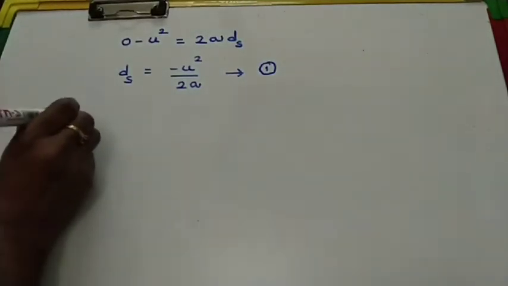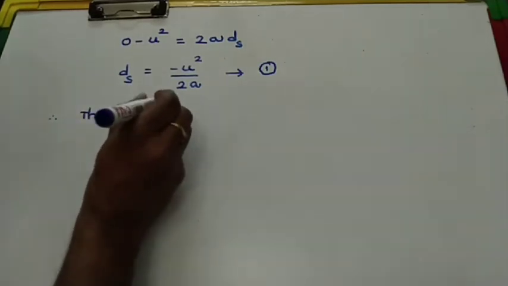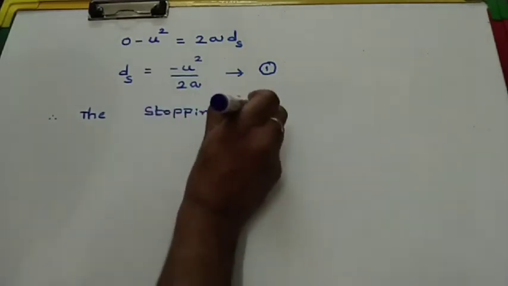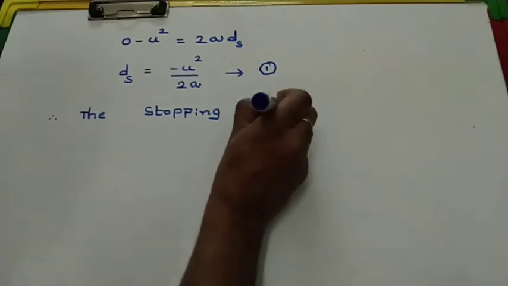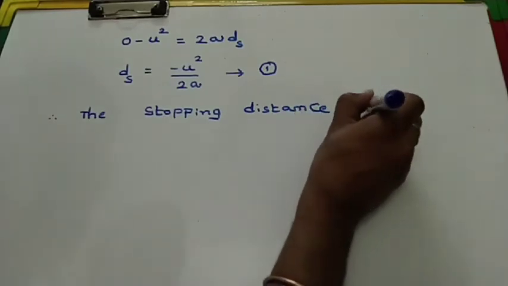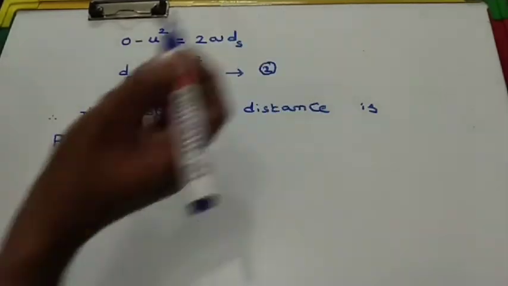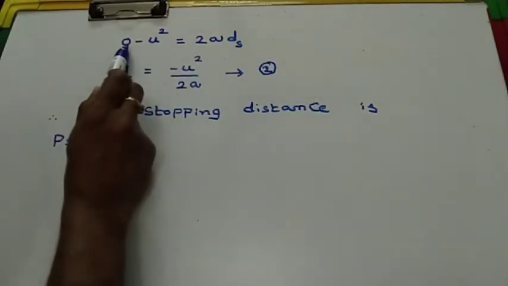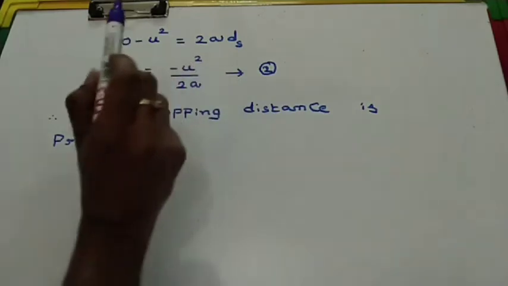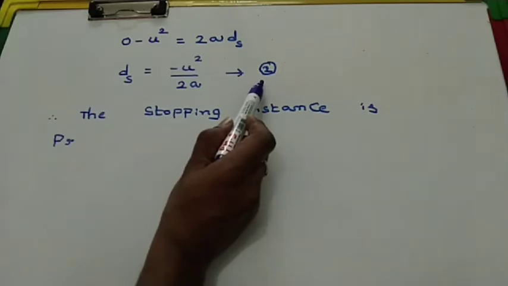Now, therefore, the stopping distance is proportional to... this is equation number 2: final velocity square minus initial velocity square is equal to 2a into stopping distance. Therefore, ds is equal to minus u square by 2a. Consider this equation number 2.